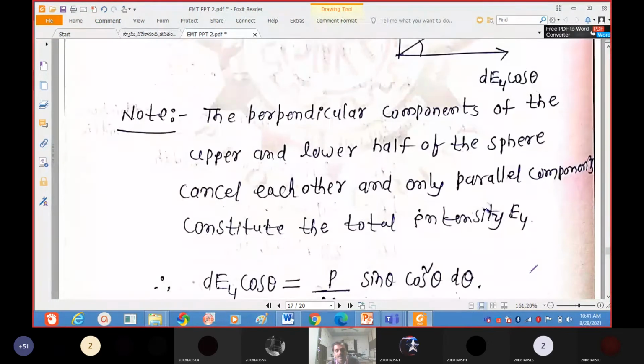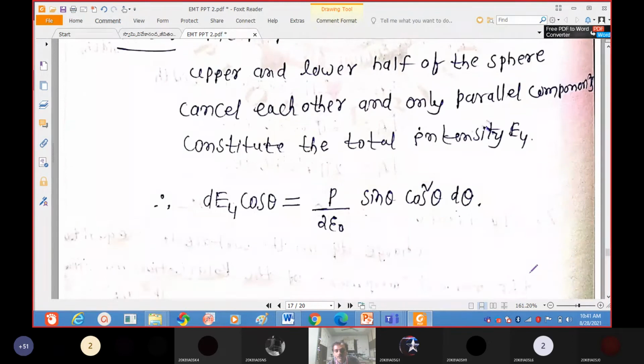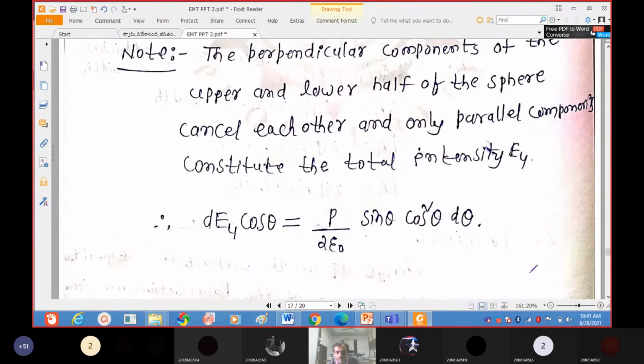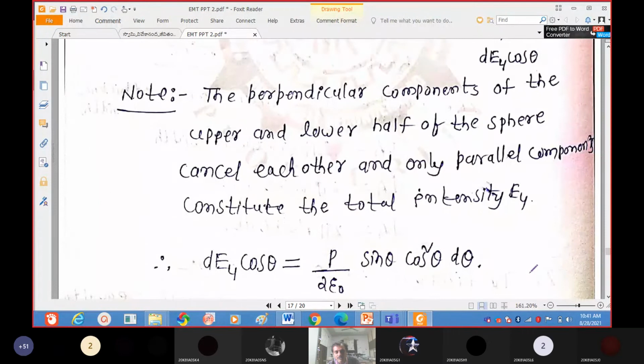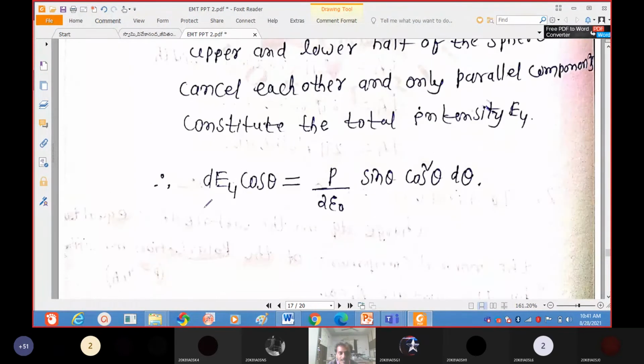Similarly to what I said before, the vertical components are cancelled out with each other. So the resultant electric field is due only to the horizontal component, that is dE cos theta.